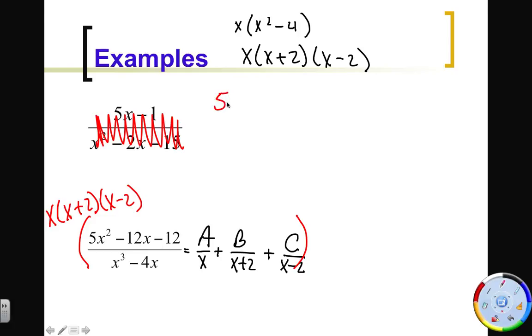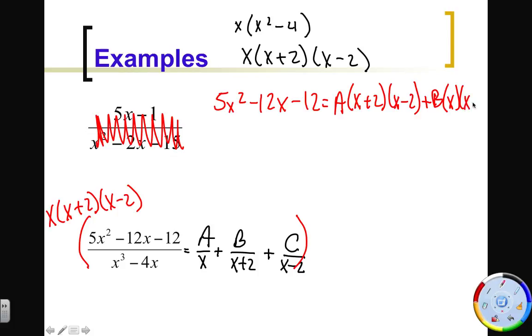I get 5x squared minus 12x minus 12 equals A times (x plus 2)(x minus 2) plus B. Remember the x canceled for this first one, so in the next one, x plus 2 cancels. So I get B times (x minus 2). And then you notice this kind of takes up a lot of room. And then plus C times x and (x plus 2).